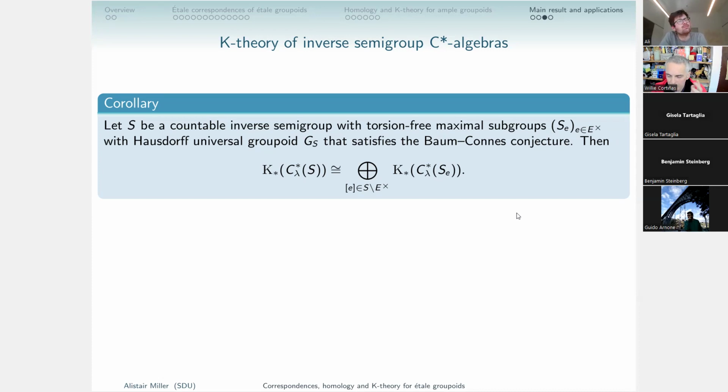And so every G-space is a space over the unit space. So the unit space is like the point for you. Yeah. And then you have to get an equivariant resolution of the point with the stabilizers belonging to your favorite family of groups.